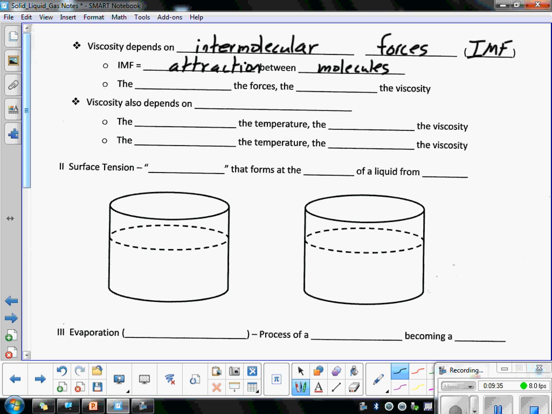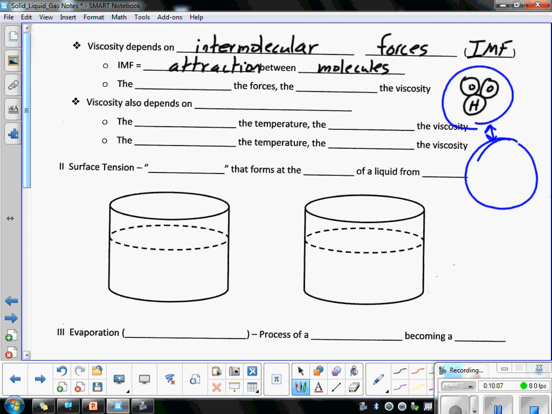So if you have an oxygen particle, right, and another oxygen particle and a hydrogen particle, right? The attraction of the hydrogen to the oxygen, that is the intramolecular forces, right? Because two oxygens and a hydrogen are going to make up a molecule, and this molecule is going to be attracted to another molecule.